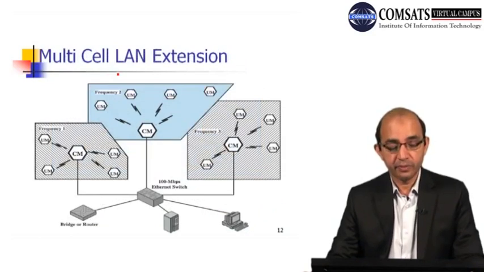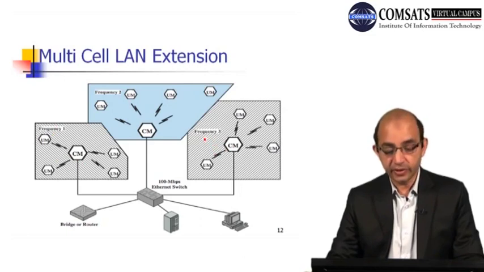So here we have multiple cell LAN extensions. You can see we have a lot of control modules and user modules, but the key difference here is that this cell is functioning on one frequency, and we have allocated another frequency to this cell, and similarly this is the third cell using another frequency.